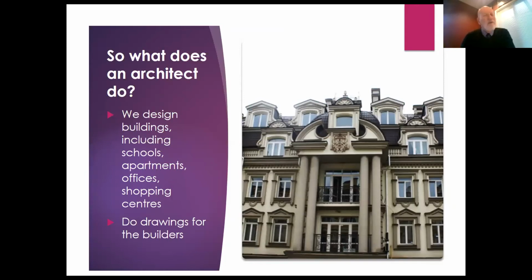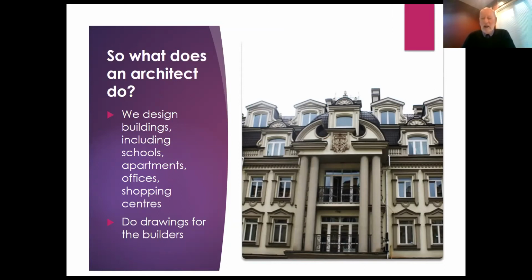So I have always wanted to be an architect. I started off as a child enjoying art and mathematics, and people said you should become an architect, and so I did. And as you can see from this picture, architects design all kinds of buildings. This is an apartment building, but it's not in a Canadian city. It happens to be in Russia, where I've been doing some work.